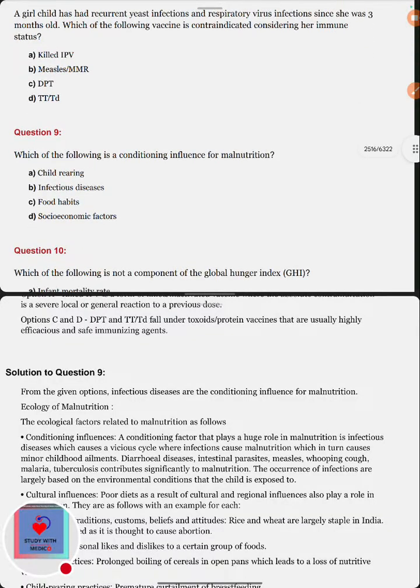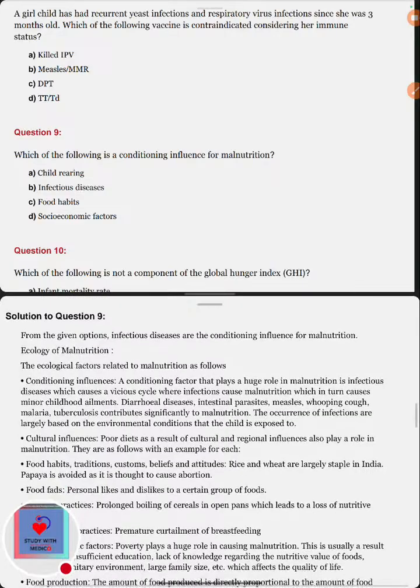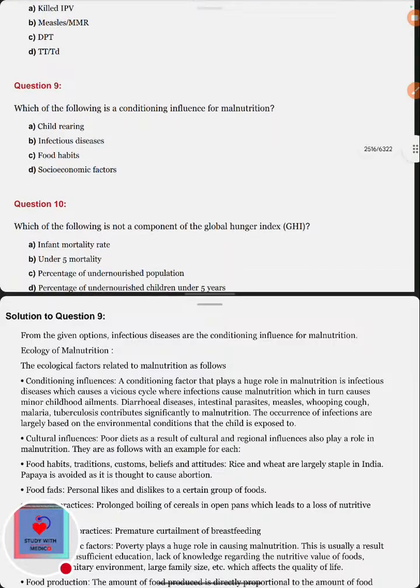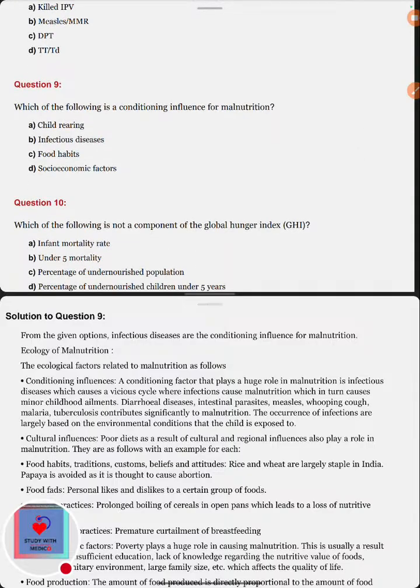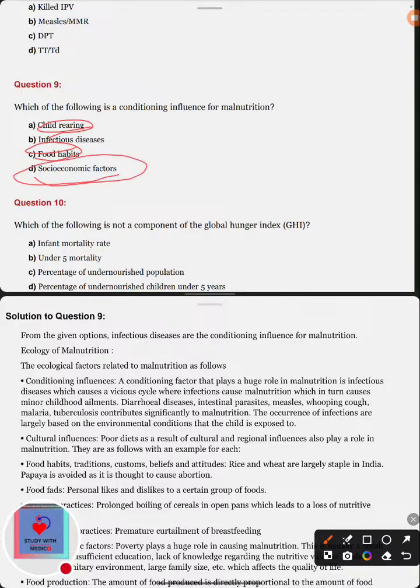Each of the following is a conditioning influence for malnutrition, except which? Infectious disease, food habits, etc. The conditioning influence for malnutrition, whether it is child rearing, food habits, ecological factors.